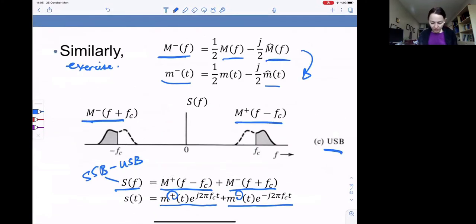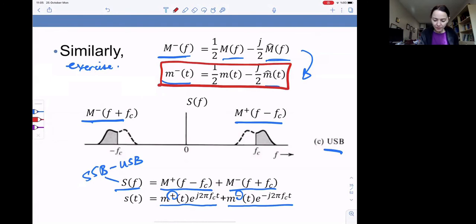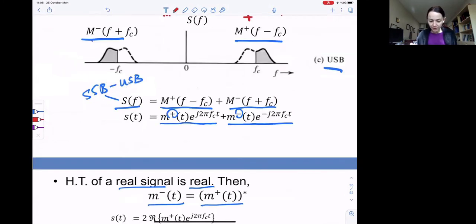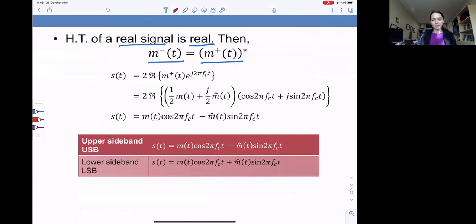Why? Because look at how m minus is written. M minus is this, and m plus is the same thing with this replaced with a plus. And since this is real, m minus is the conjugate of m plus.